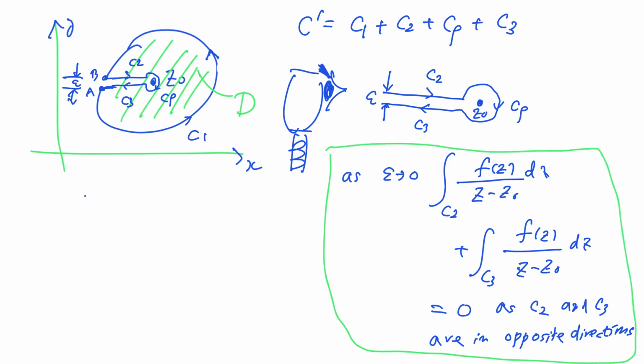Also, as epsilon goes to 0, what happens? Then this integral becomes a closed contour, right?